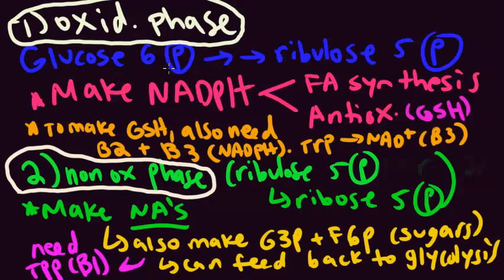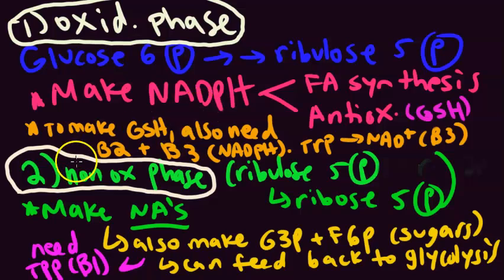So this glucose 6-phosphate is converted into ribulose 5-phosphate through a series of steps. So you go from glucose 6-phosphate to ribulose 5-phosphate. And in this process, you make NADPH. And this is really, really important, which we'll talk about in a moment.